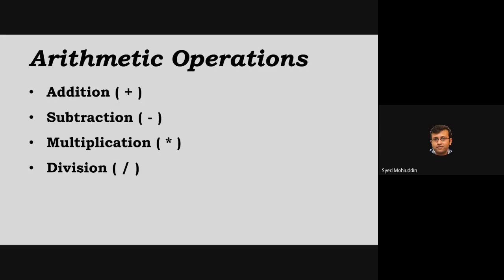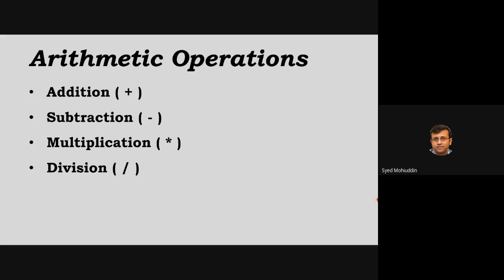Once we move on to strings, we will talk about how concatenation happens with the plus operator, and even the multiplication operator can be applied on strings. But right now we are talking about numbers, so these operations are performed on numbers.